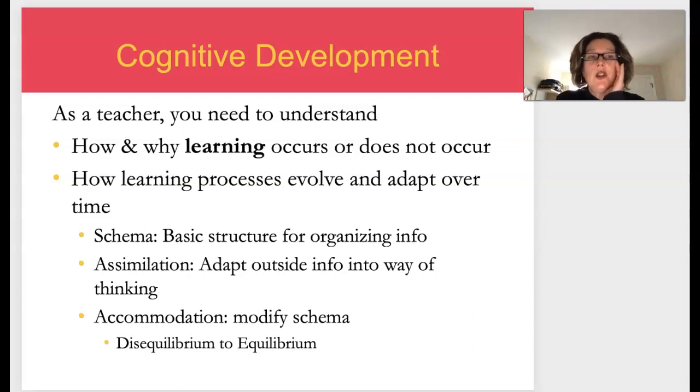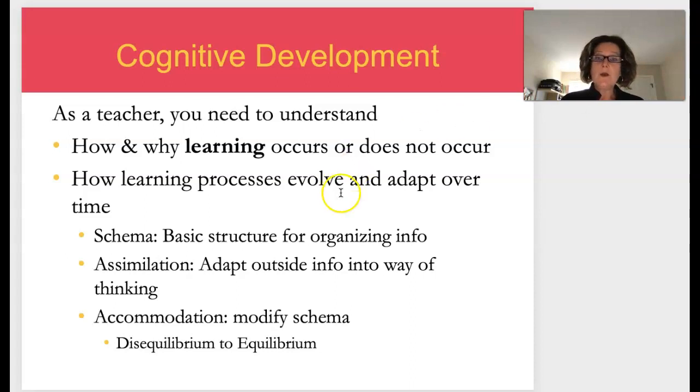And if you don't have a clue how the child is actually cognitively in their head, how they're actually processing the content, the information, the examples that you are giving, you are not going to be as effective and amazing a teacher as you possibly could be. So it's important that you actually have an understanding of how learning actually occurs.